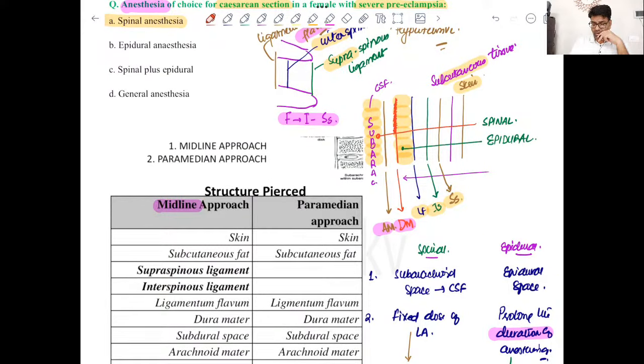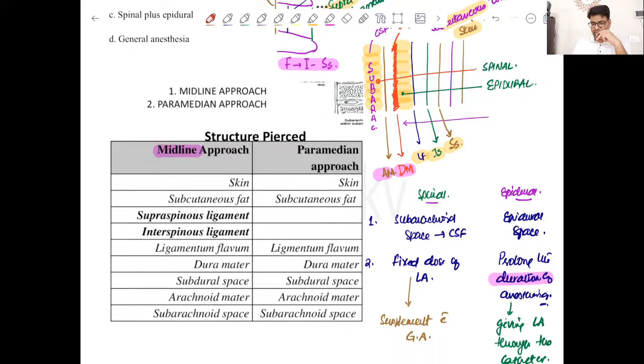So that needs a lot of practice, right? So this is the dura mater, right? So this is dura. Clear? So just a basic difference between the structures which are pierced in spinal anesthesia and epidural anesthesia, and overall a few basic differences between spinal anesthesia and epidural anesthesia.